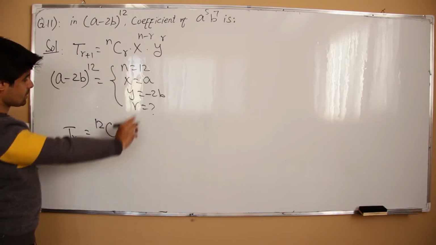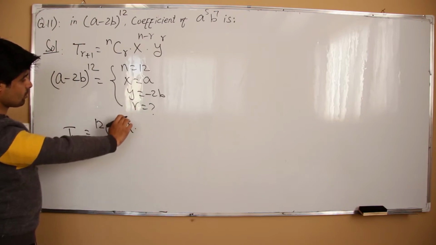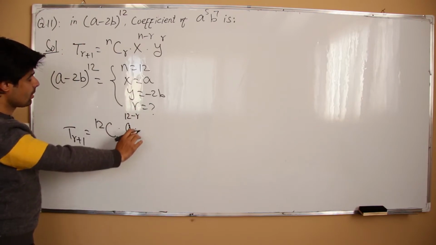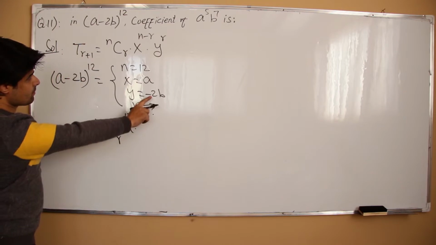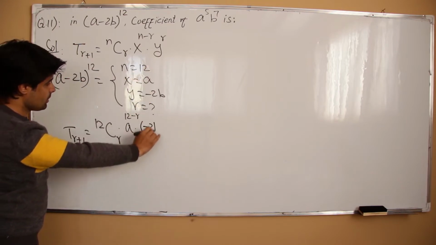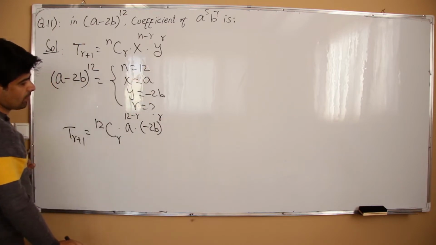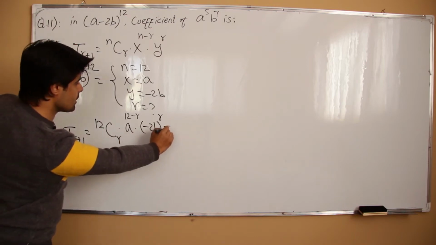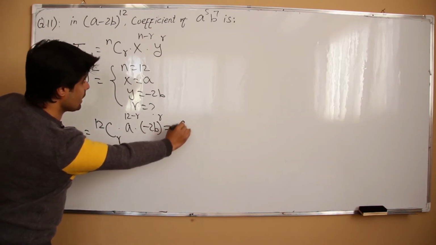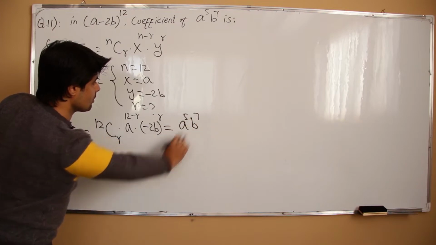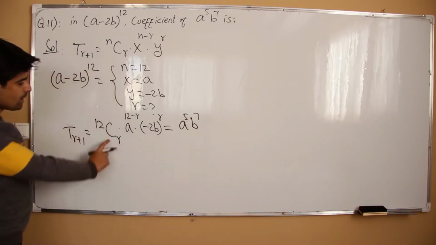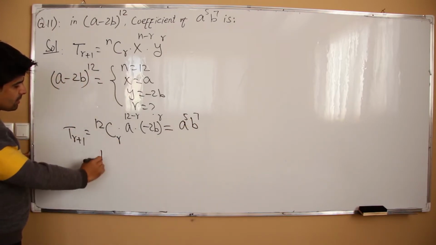Instead of x it's a raised to the power 12 minus r, times y, which is minus 2b raised to the power r, and this should be equal to a to the power 5 b to the power 7. In here, first I have to simplify this one.